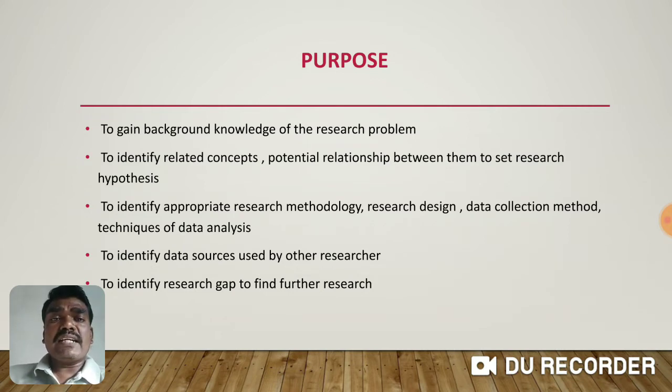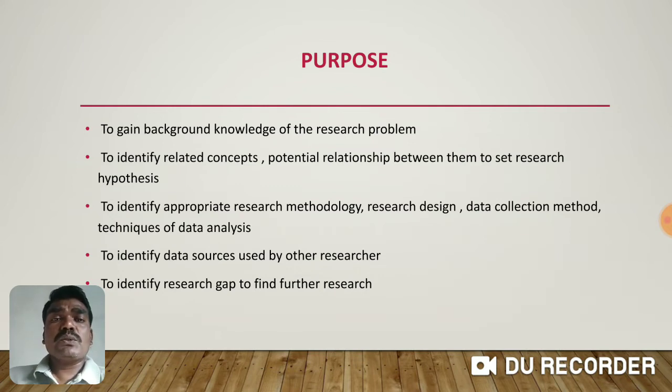Another point is to identify sources used by other researchers. There are many sources to collect data for undertaking research works. So what type of sources someone used in the related research project or study. By reviewing such sources, the researcher is able to identify different sources for their present research work.